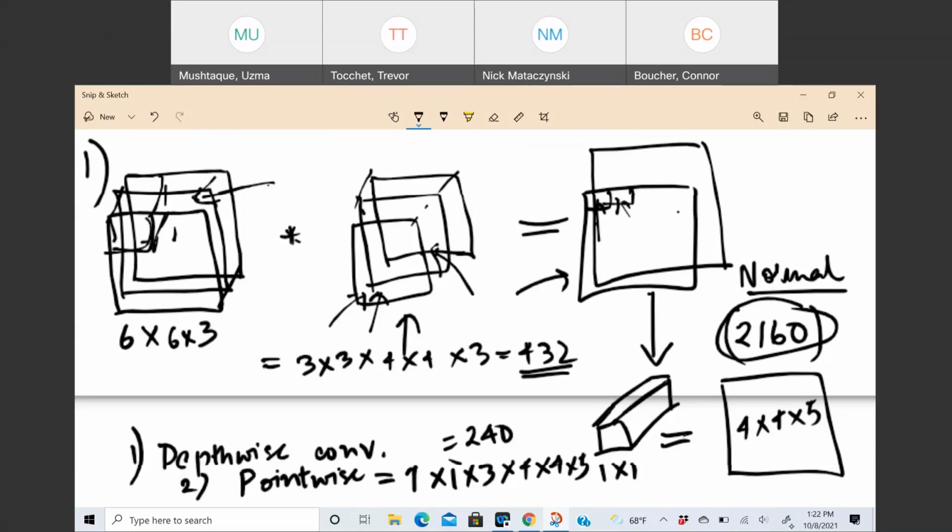As I said, depth-wise plus point-wise shrinks the overall computational cost by about 70% in certain cases, which is huge. So they work really well on mobile and smaller devices, and when you don't have as much computational ability to train these networks.